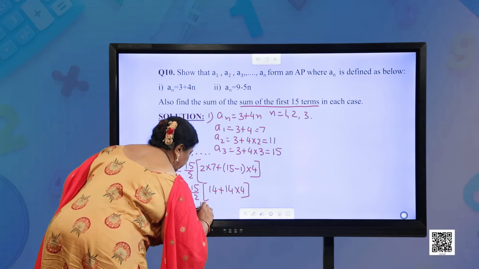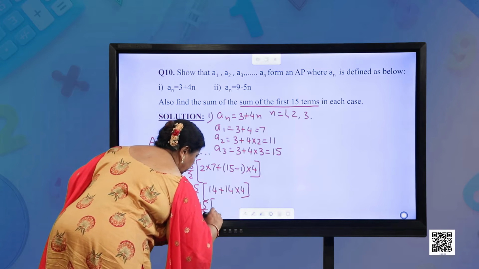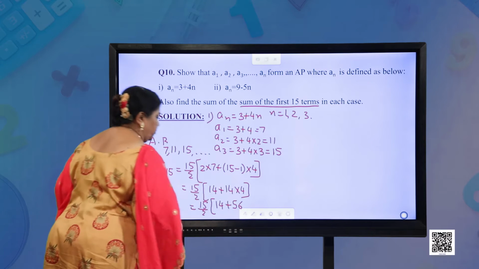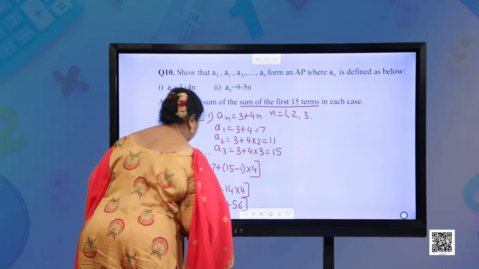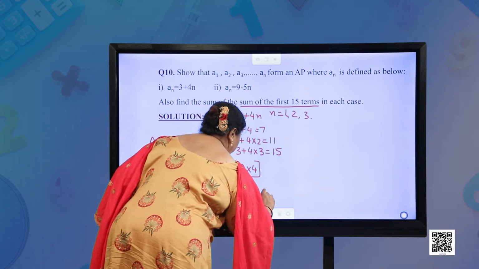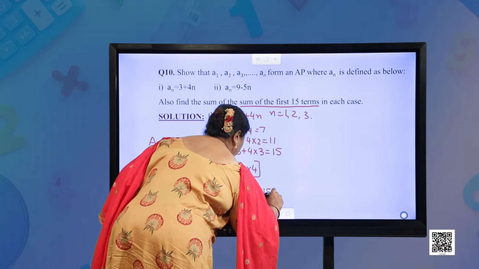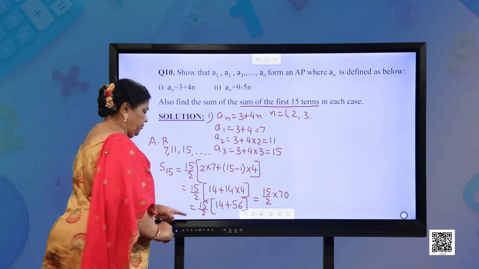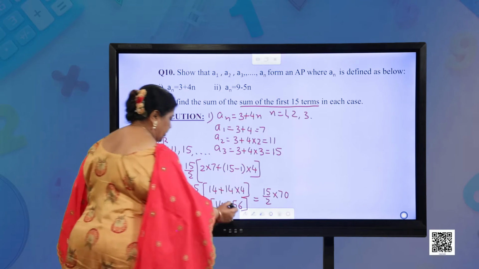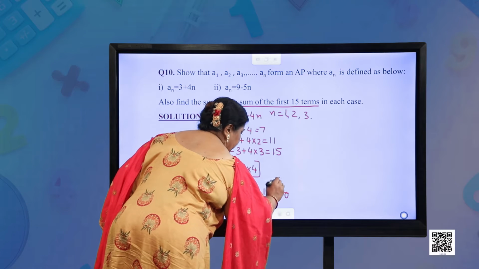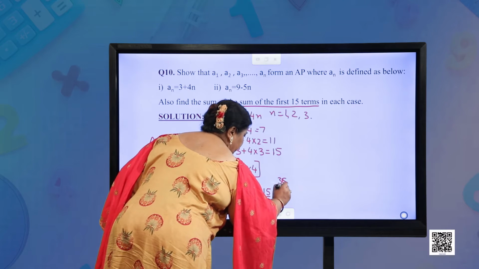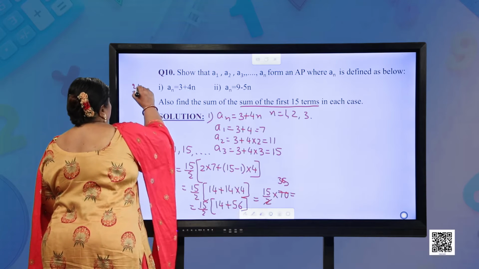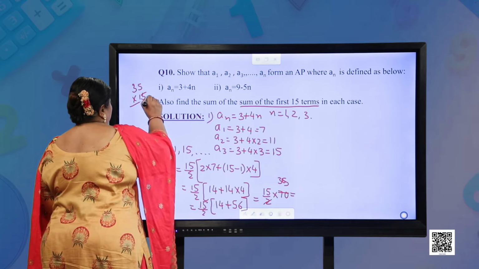So, we get 15 upon 2 into 14 plus 14 4s are 56. On simplification, we get 15 upon 2 into 70. Okay, 56 plus 14 is 70 and we can cancel this. So, it is 35 into 15. Let us multiply 35 into 15.